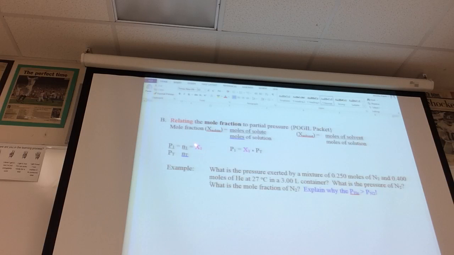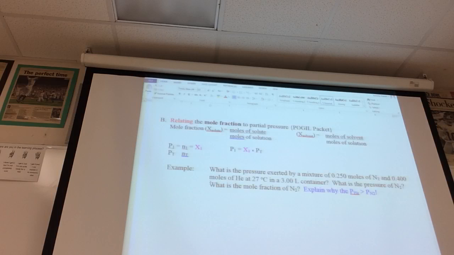This shows mole fraction, capital X, which you'll recall from honors, moles of gas 1 over total moles of all the gases together. And you can relate that to partial pressure, because the mole fraction is equal to the partial pressure of gas 1 over the total pressure. And you could get rid of this piece of it and then just solve for the partial pressure being the mole fraction of the gas times the total pressure.